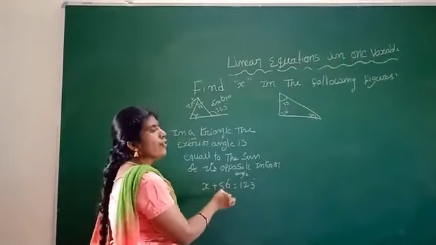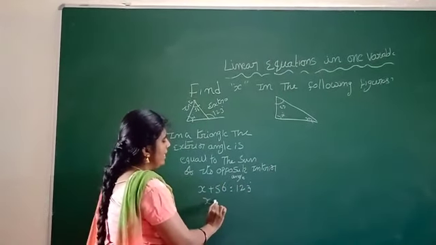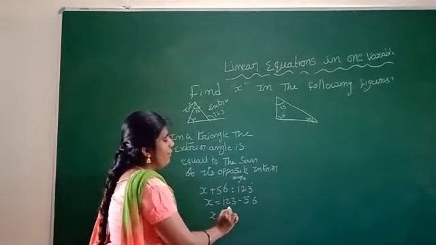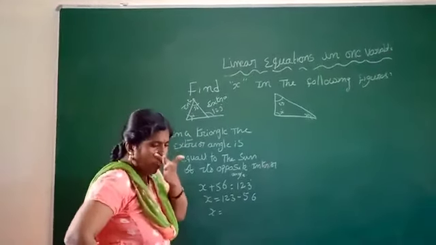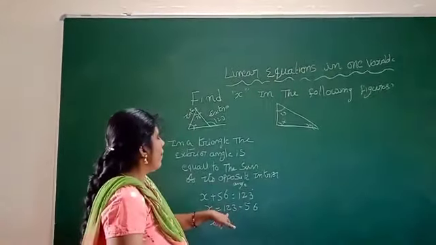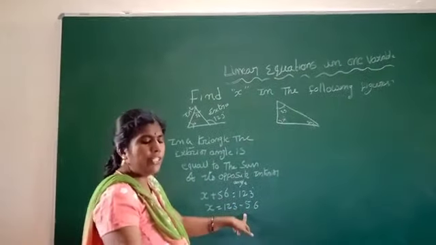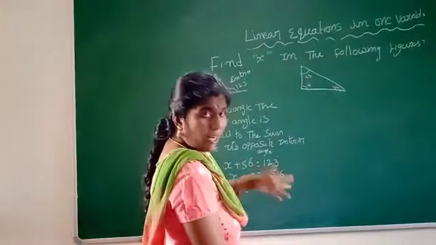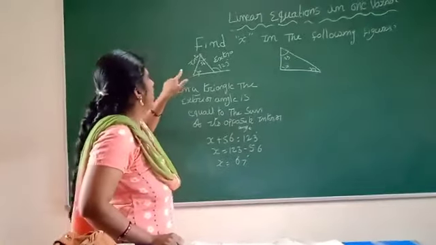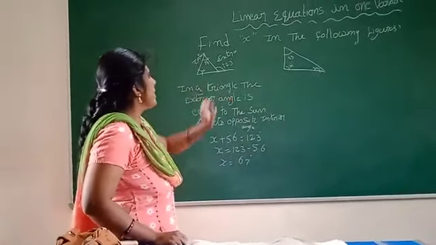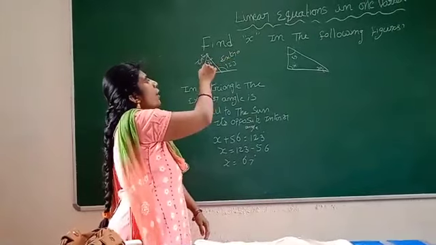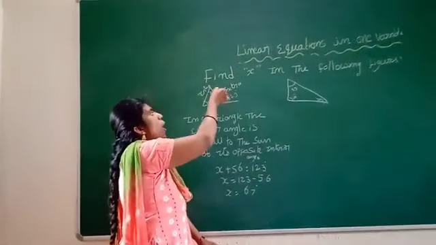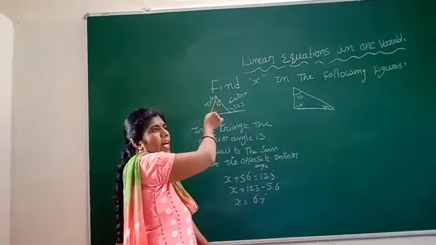The constant is changed to the right side: x equal to 123 minus 56.